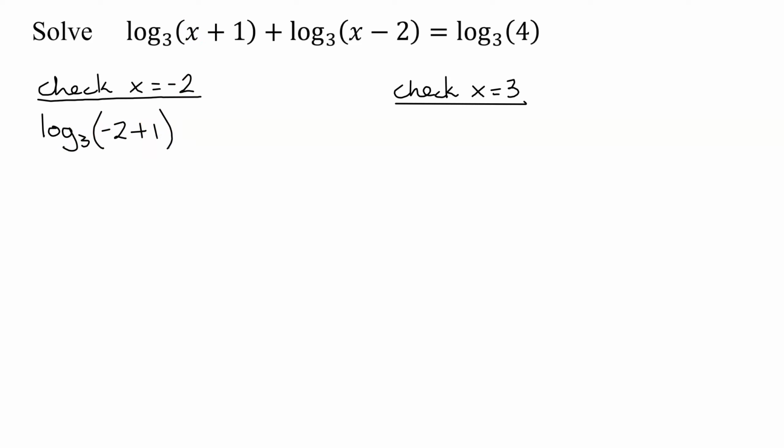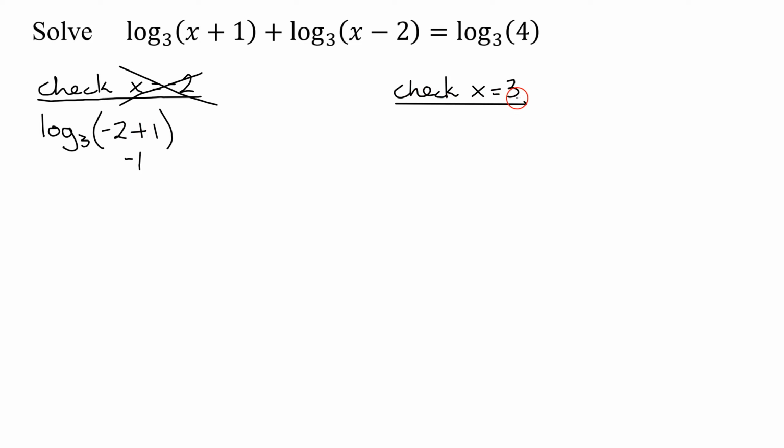When we check for extraneous solutions, all we have to check is to make sure our arguments are positive numbers, because the domain of a logarithmic function is positive numbers. So what's -2 plus 1? -1. Is that positive? No. Therefore, x equals -2 is an extraneous solution. Notice, once I found the first argument that messed up, I didn't have to check anymore. I'm done for that value of x.